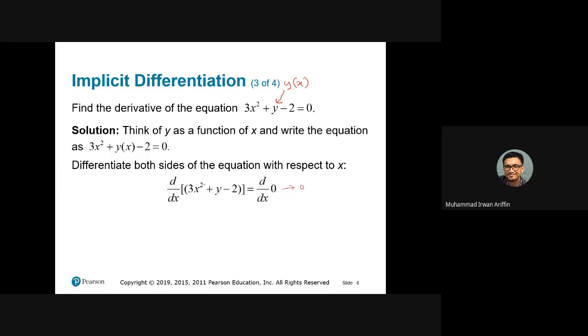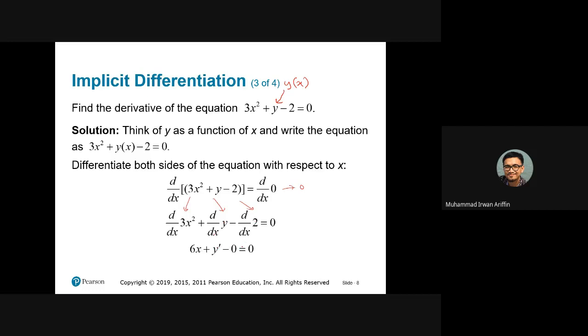For the left side, since this is a summation and difference, we simply do them one by one, step by step. For the first term, what is the derivative? It will be 6x, isn't it? So we have 6x. And what is the derivative of y with respect to x? It is simply y prime.